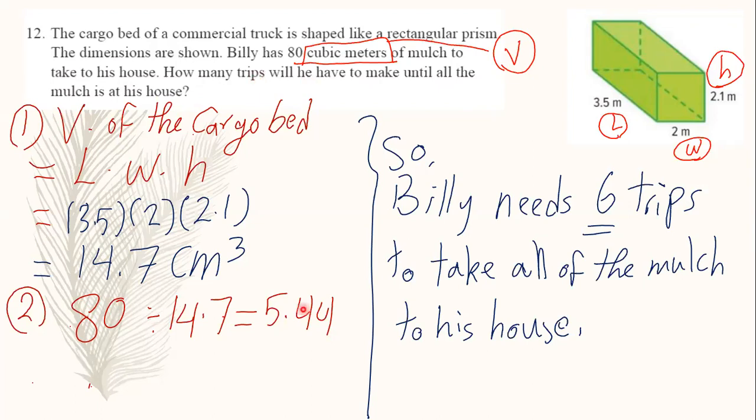So he cannot go 5.44 trips. He has to go 6 trips to complete a whole number of trips to his house. So Billy needs 6 trips to take all of the mulch to his house.